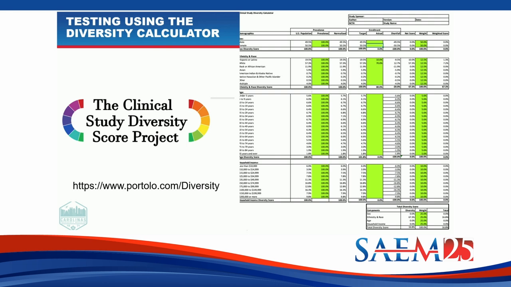And so I just put in some terrible data here. Basically said that 70% of my participants were white compared to 57.3% of the US population. And my diversity score is, unsurprisingly, 16.8 because I didn't add in any of the other categories. But you can do that whenever you're writing your own research or whenever you're analyzing another study and seeing how well they incorporated it.